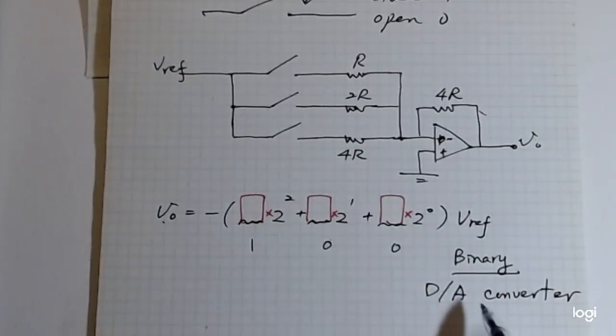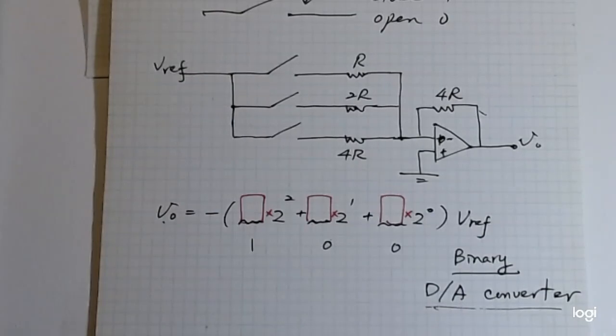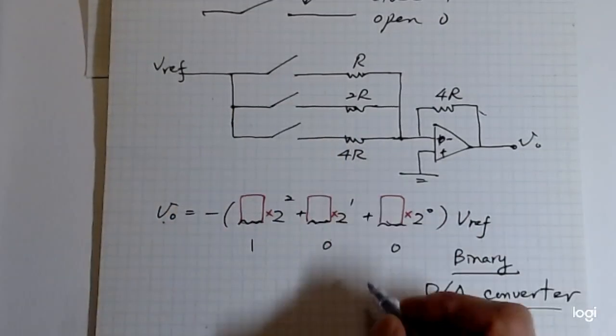And we will talk more about ADDA converters, but this is another application of this op-amp circuit. You can convert the binary code back to an analog voltage. Okay, and this is what we call 3-bit.